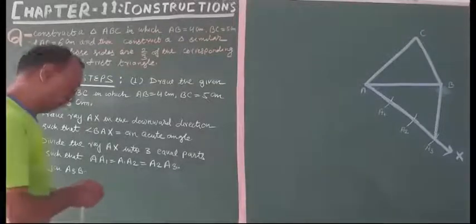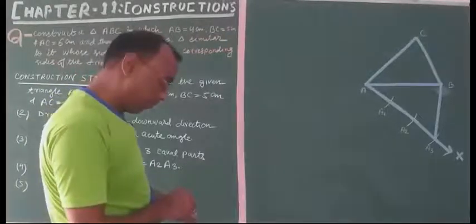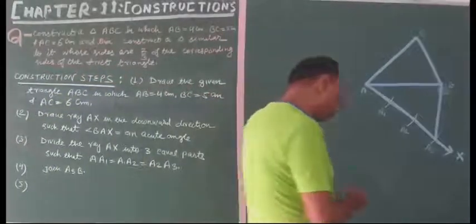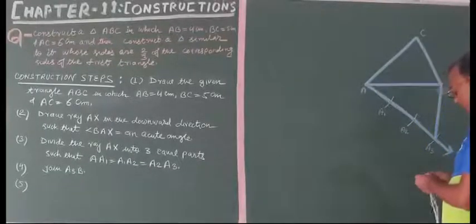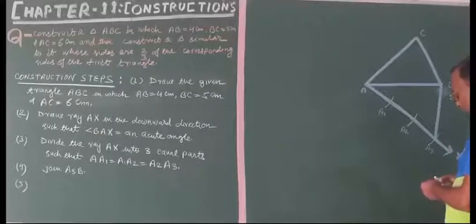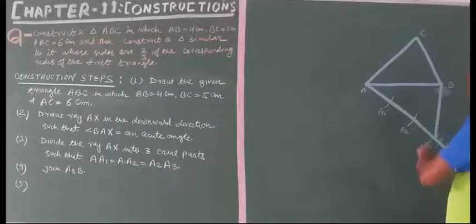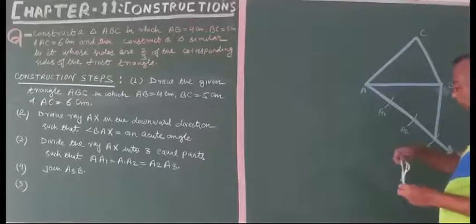Now through this point A2, we will draw a line parallel to A3B. And how we will draw this line? Just look there. We will put this thumb as my metal point.